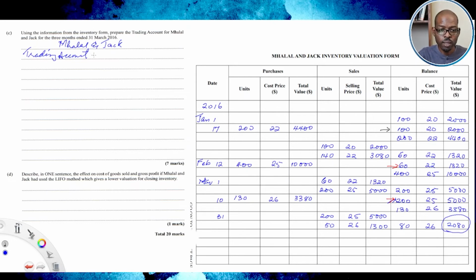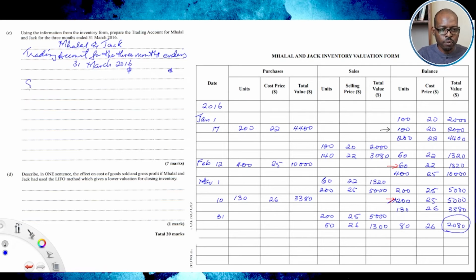We can say that as well. For the 3 months ending 31st March 2016. Let's put some dollar signs there.